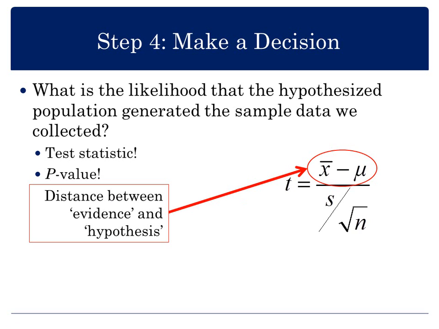If that distance is small, what does that mean? That means the evidence and the hypothesis kind of support one another. If that distance is large, then I have some disagreeing sources of information, right?